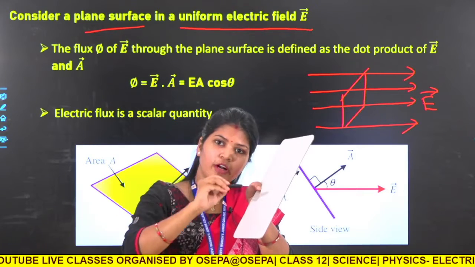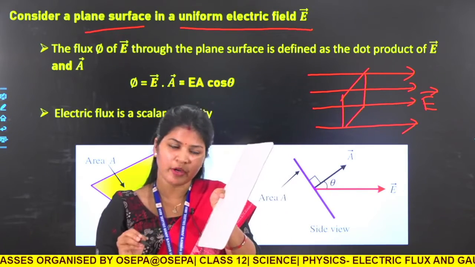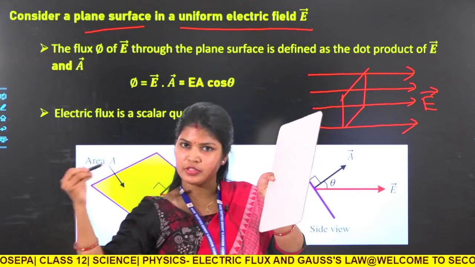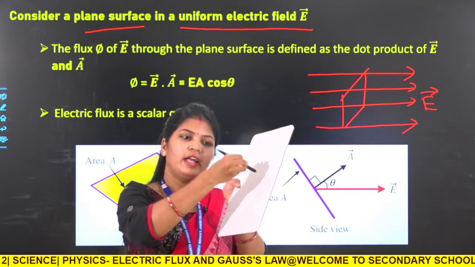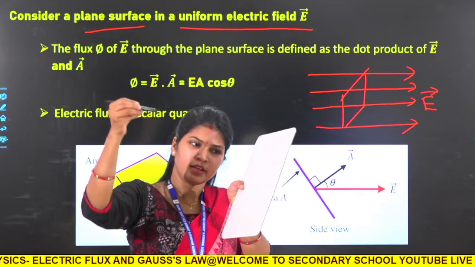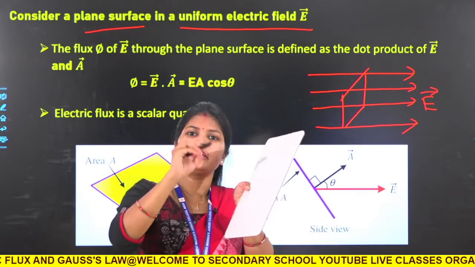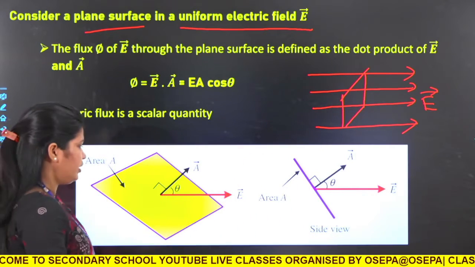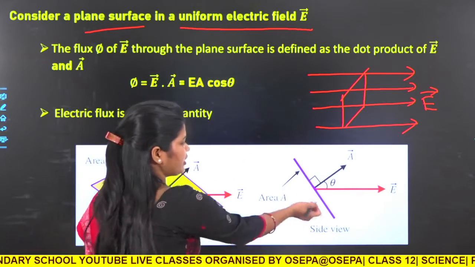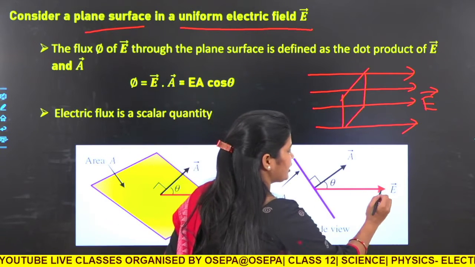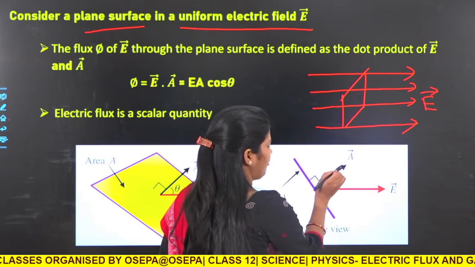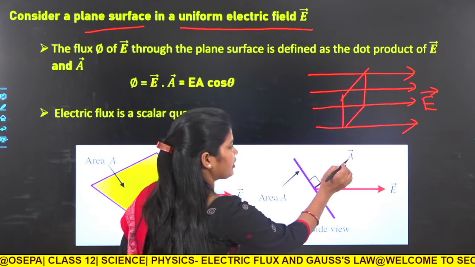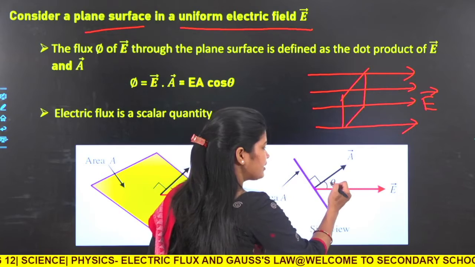make an angle theta. Are you getting my point? This is the electric field vector, and this is the area vector in this direction, and this makes an angle theta in between. So this is the diagram, this is the side view. You can see clearly this is the electric field vector, this is the area vector, this is the plane surface area, and this is the area vector A. This makes an angle theta.